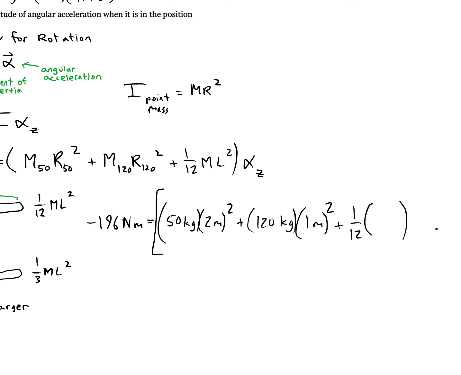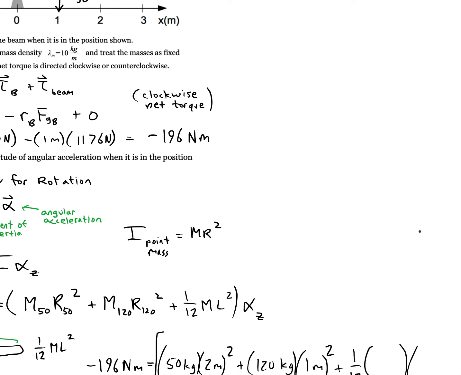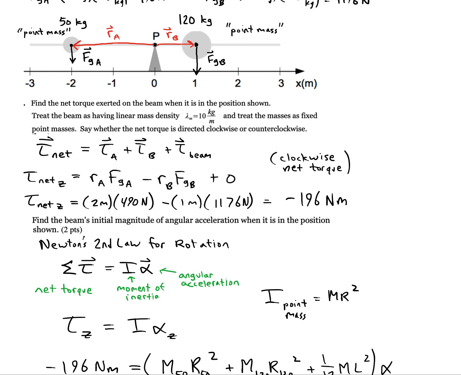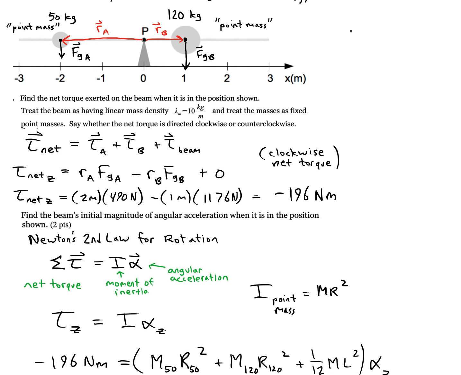mass of the beam. We'll have to find that. And the length of the beam is 6 meters. Alright, so the length, 6 meters. We have to find the mass. Let's use that old formula: linear mass density times L. Alright, so the mass of the beam, 10 kilograms per meter times 6 meters.